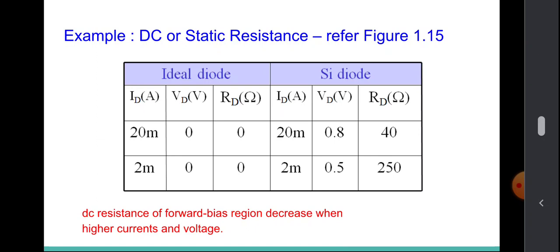So that is the difference between an ideal diode and a silicon diode. Okay, DC resistance in the forward bias region decreases with higher currents and voltage. If you look at the table, the higher the current, the higher the voltage, but the lower the resistance. That is in the silicon diode.